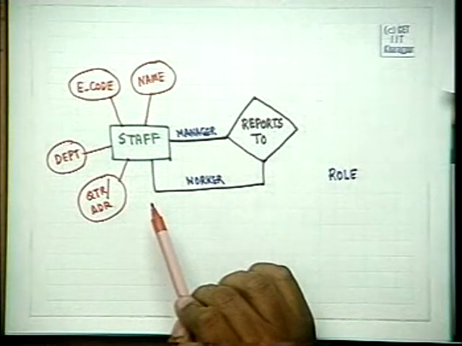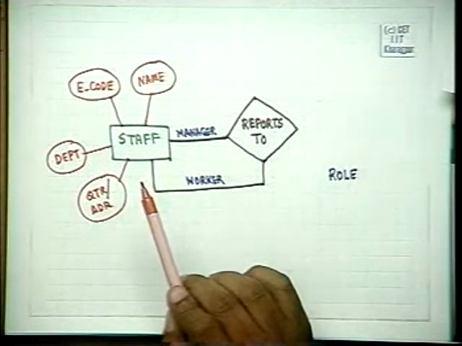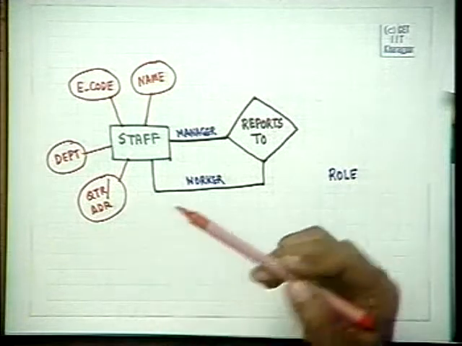Now if you have some students also participating in activities, and these students participate in such a way that they also report to this staff, then either we will have to have an entity which encompasses both students and staff, or we will have to have a different relationship between student and staff with a different reports to relationship.